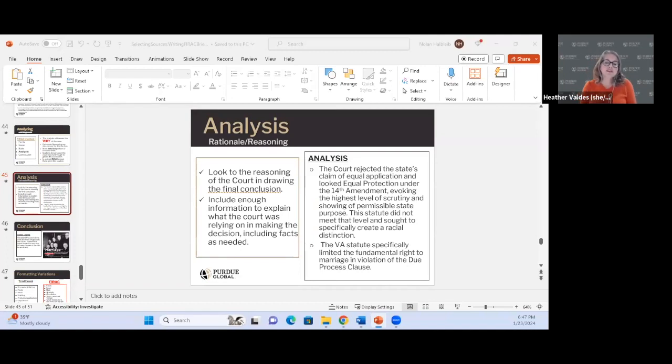So on the right side of the page, you see an example of a short analysis for this case. Okay, next slide.